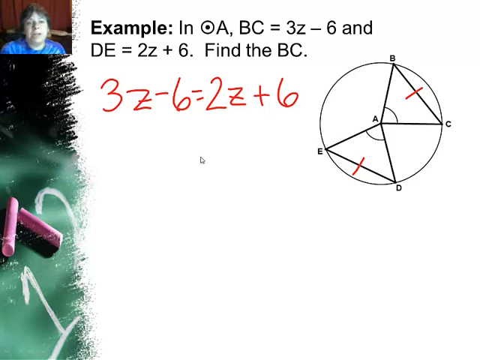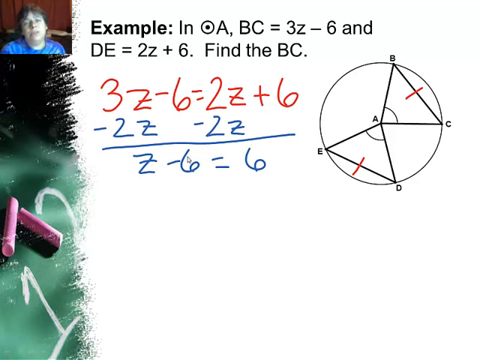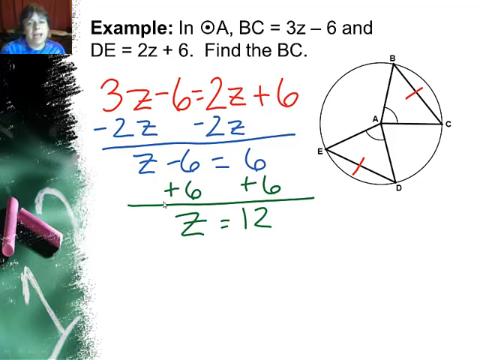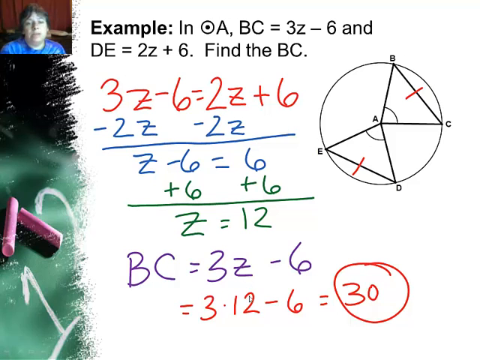So 3z minus 6 equals 2z plus 6. Subtract 2z from both sides and then add 6 to both sides, and I get z equals 12. Then I can substitute that back in for z, and I find out that BC is 30. So if BC is 30, ED is also 30.